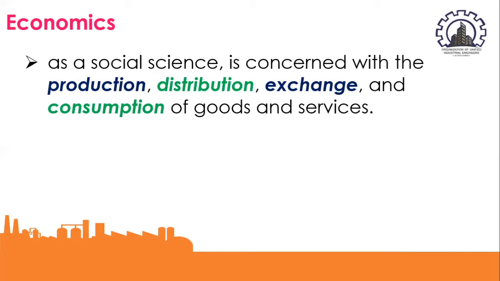And once we already have the finished goods and services, what we usually do is we distribute them to wholesalers or to our intermediaries, or what we call our wholesalers or retailers. And after having distributed them, normally the wholesalers and retailers are the grocery stores.